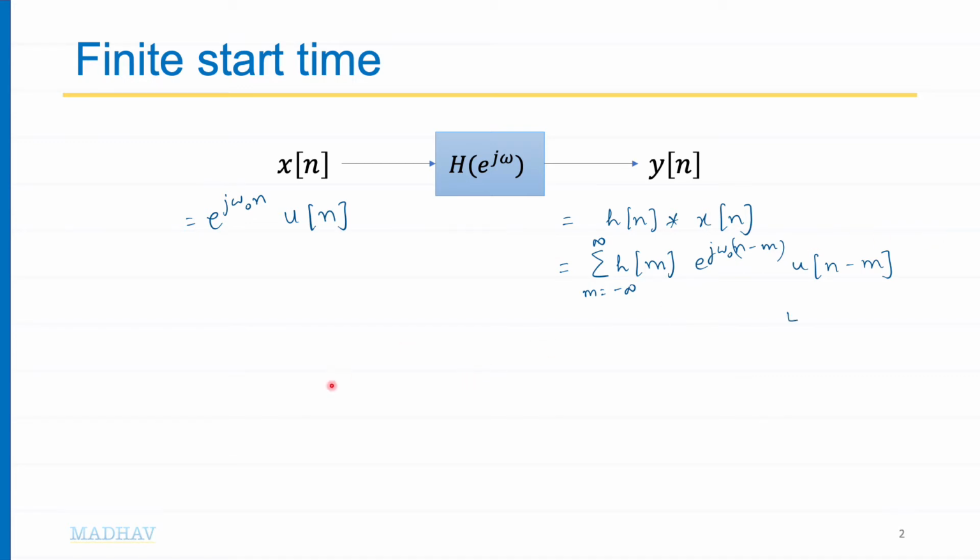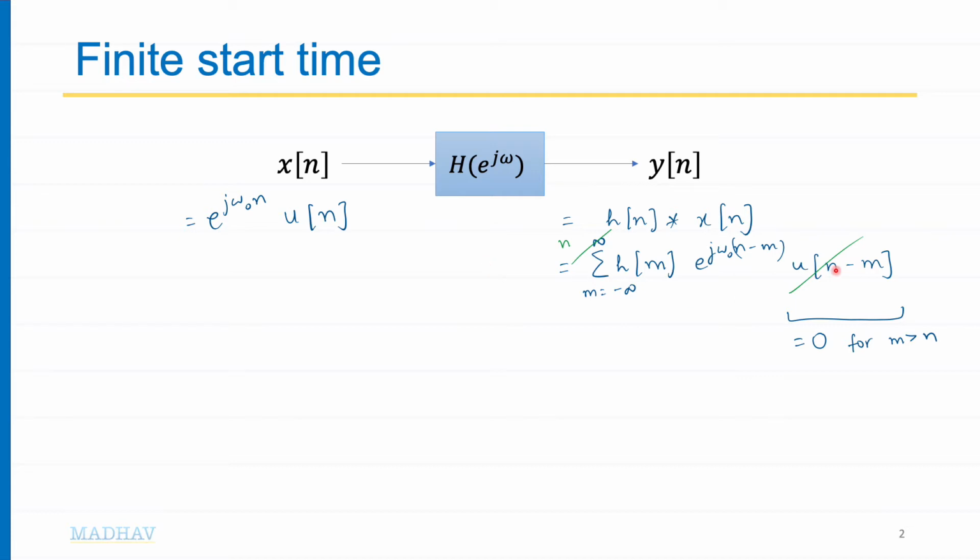Let's simplify the term. You know that this term is equal to 0 for all m greater than n. So your limits will change. Earlier the limits were minus infinity to plus infinity, but now after n everything is 0, so my limits are only from minus infinity to n.